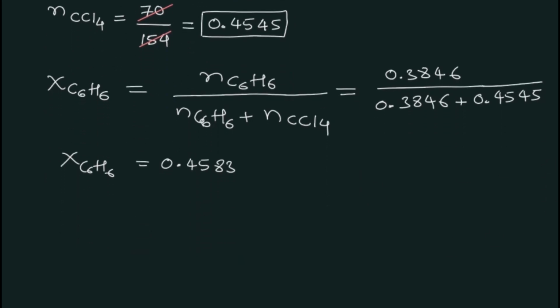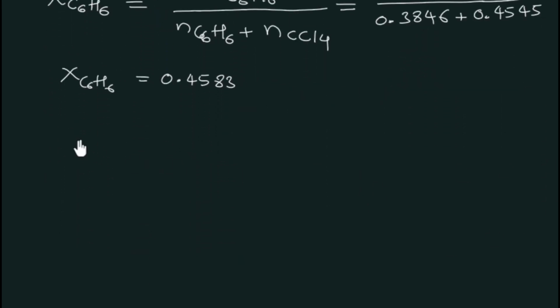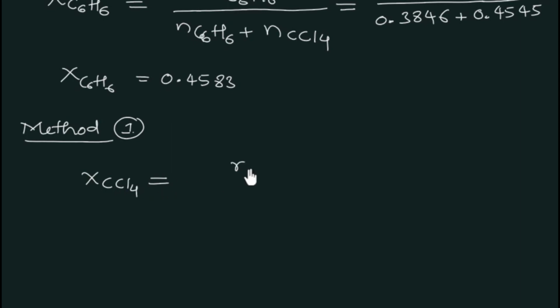The next part we can calculate by two methods. Method 1: we follow the same process. The mole fraction of CCl4 is equal to the number of moles of CCl4 divided by the number of moles of CCl4 plus the number of moles of C6H6.